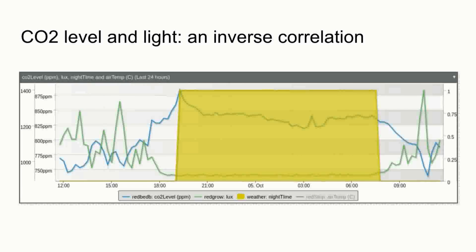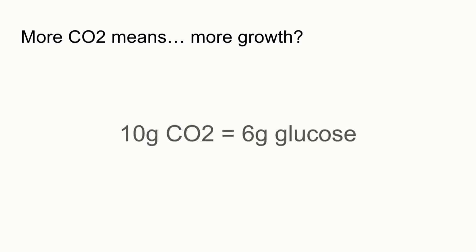Now, don't be thrown off too much by the parts per million. My sensor's out of calibration. Atmospheric CO2 levels are around 400 parts per million. So this is a little bit higher, but you get the idea that in a closed environment like a greenhouse or inside a grow room, you have these types of fluctuations in the nighttime and the daytime, and when there's light and not light.